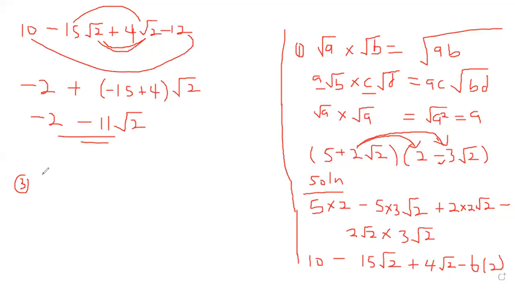Okay, so question 3 for your homework, you are to simplify 2 plus 3 root 2 times minus 2 minus 3 root 2. That will be your homework. Okay, so you take note of that.